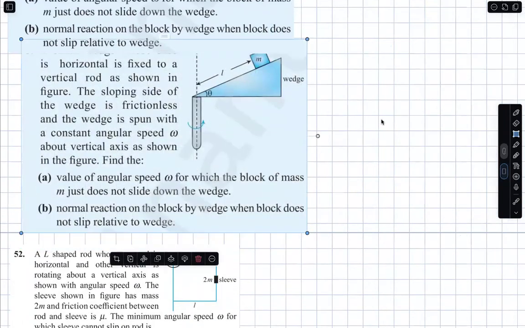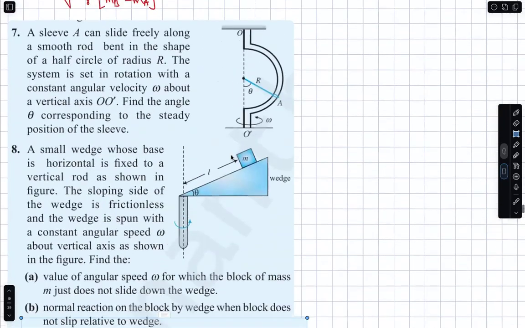Got it. One question I made it. Now I need to find this part also.